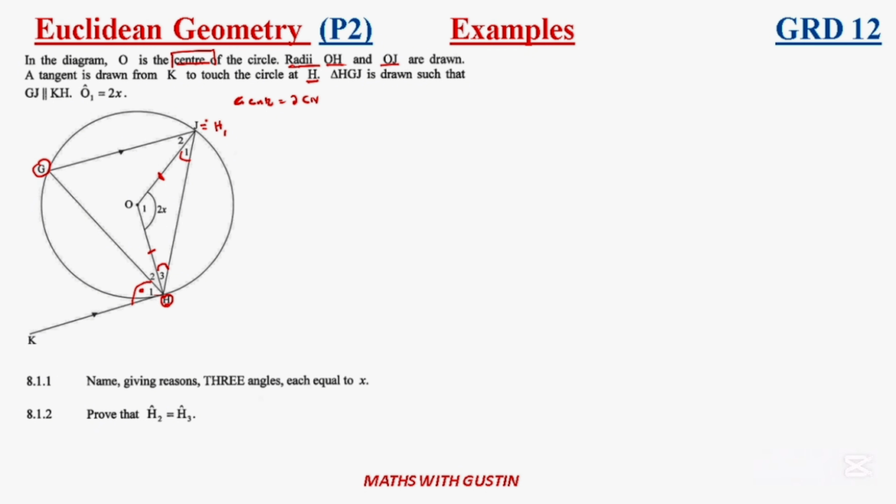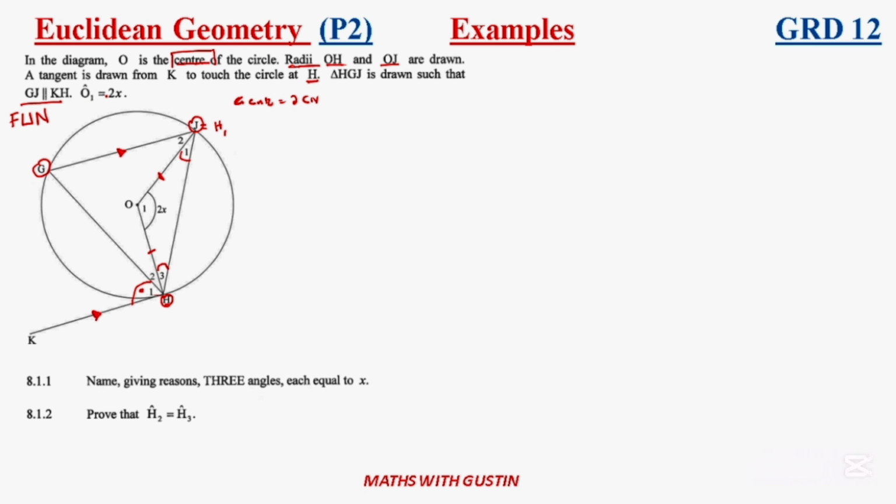G and J are drawn such that, so we've got parallel lines here, as you can see. They are parallel. So if they speak of these parallel lines, we must start thinking of corresponding, co-interior, and alternate angles. All right, great stuff.